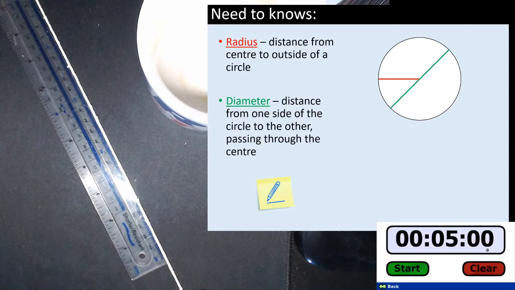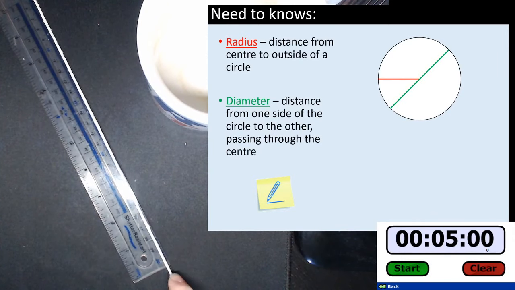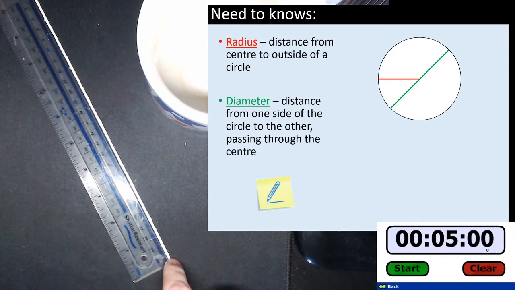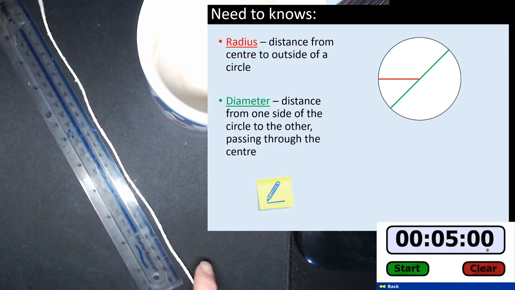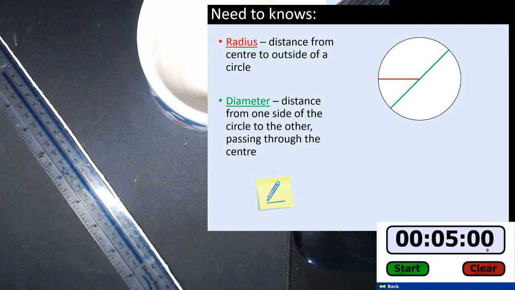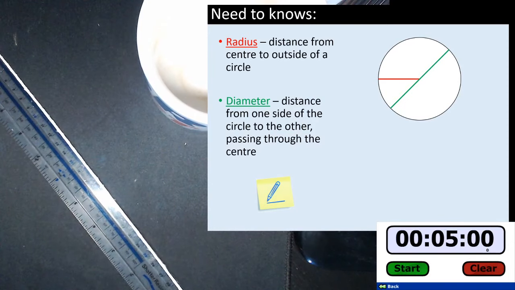So for me, this bit of string is approximately 33.3 centimeters, roughly, give or take a little bit.